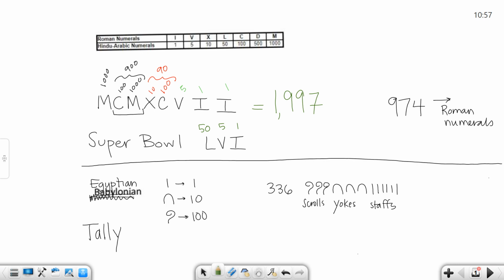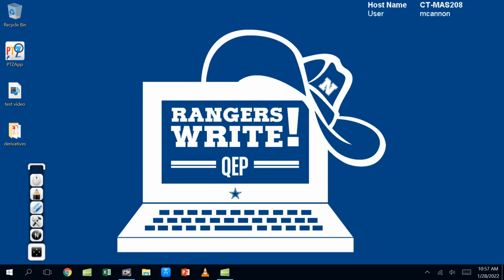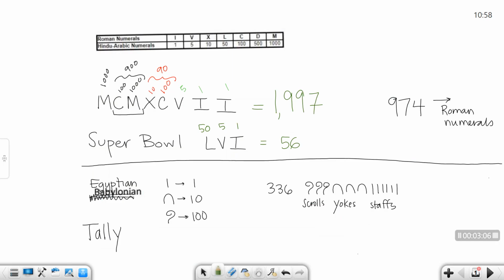So LVI is 56. For a second there I thought I Googled the wrong Super Bowl, but yes, the one that's upcoming right now is 56. So that's how you're going to transfer from Roman numerals to regular numbers.